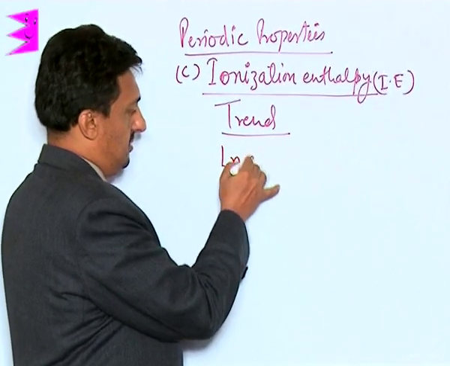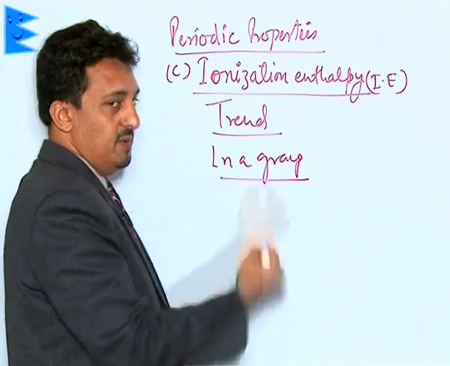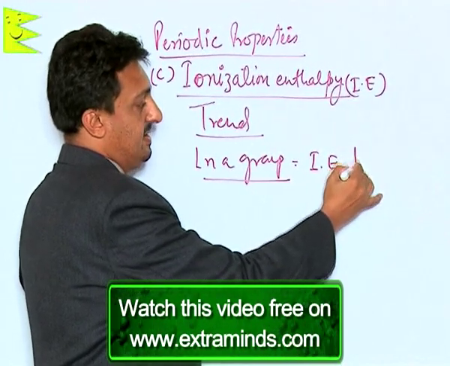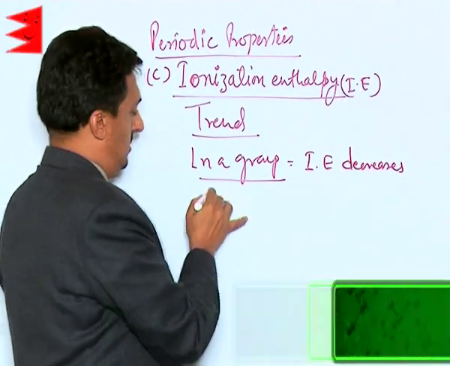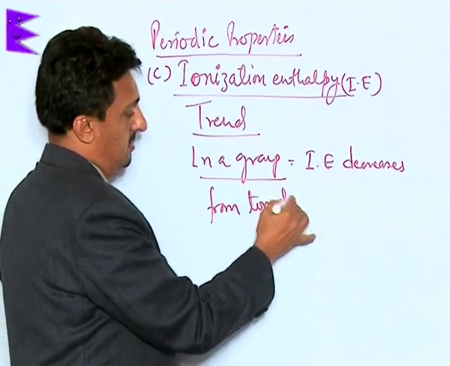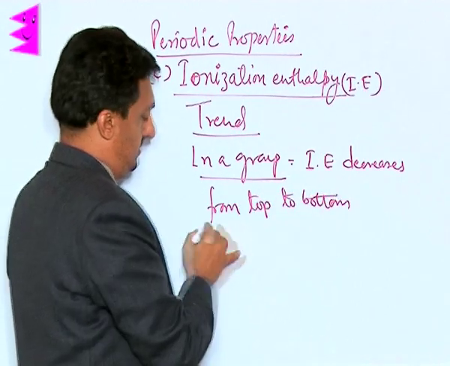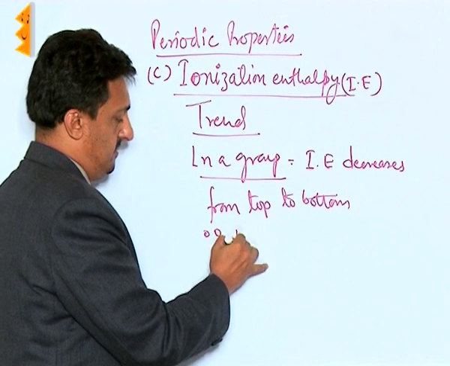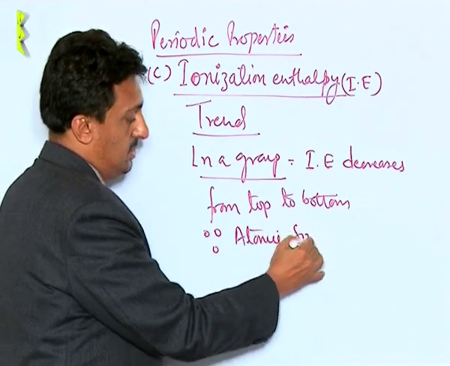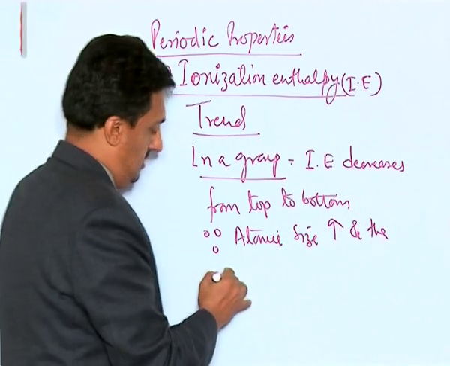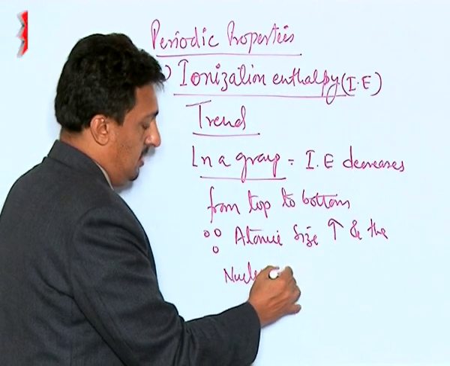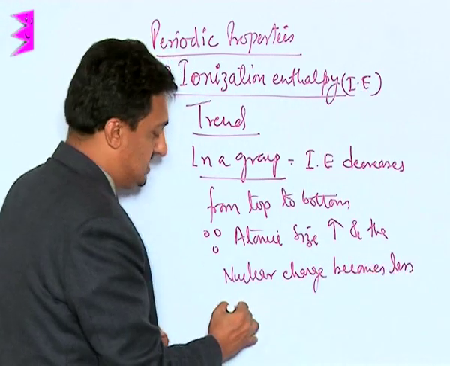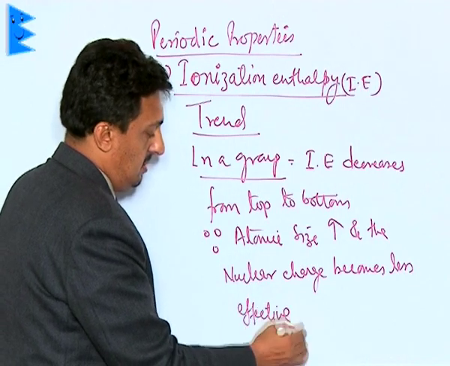In a group, from top to bottom, ionization energy decreases because the atomic size increases and the nuclear charge becomes less effective.